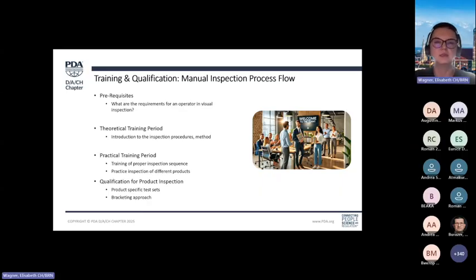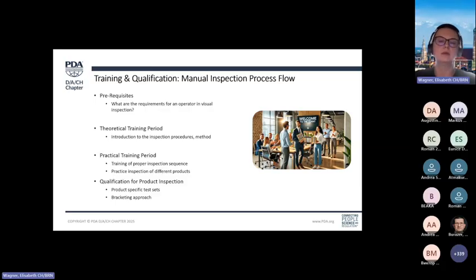And there are some prerequisites. So not everyone can work in visual inspection. Not everyone is suited for this kind of job. The operators have to run through a specific theoretical training where they are introduced to visual inspection general procedures.